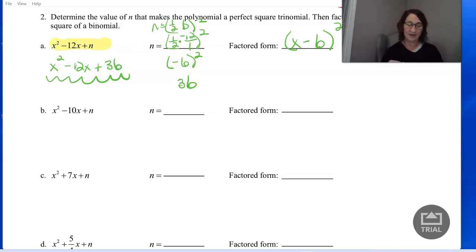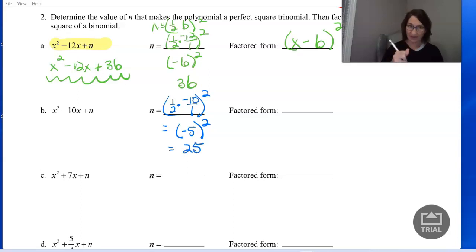So to find my n, it's going to be 1/2 times that b of negative 10. I'm going to put that negative 10 over 1 and then square it. So that's going to be negative 5 squared, which is going to be 25. Negative 5 times negative 5 is 25.